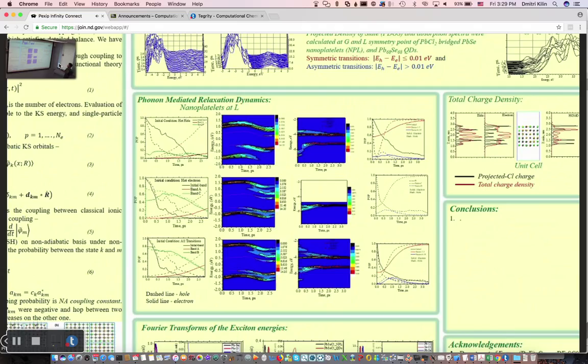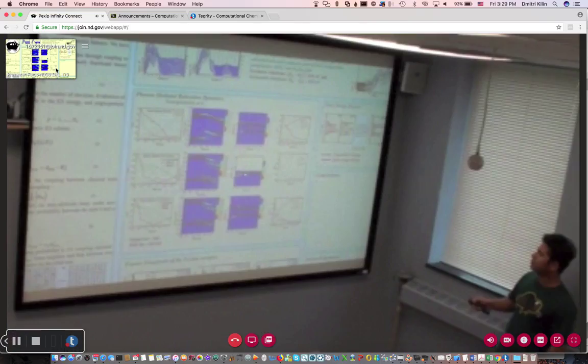In this case, the HOMO is populated very quickly, but for electrons this red line is populated very slowly, and reaches 1 only after around 2.5 picoseconds. So this is one limiting case, and the other limiting case is not finished yet.